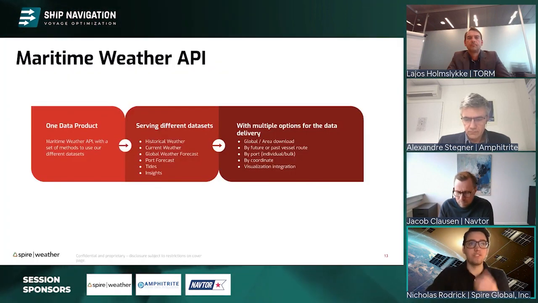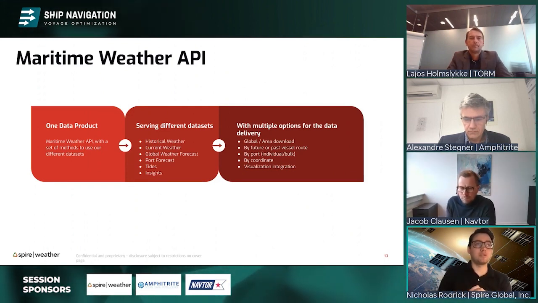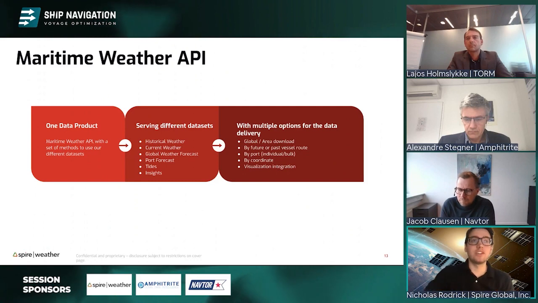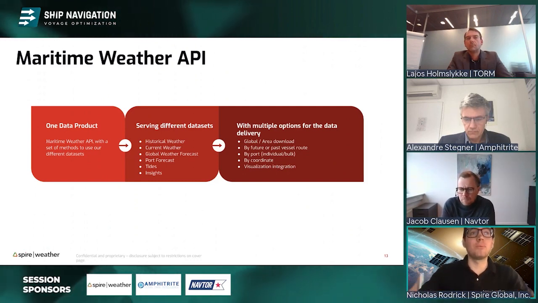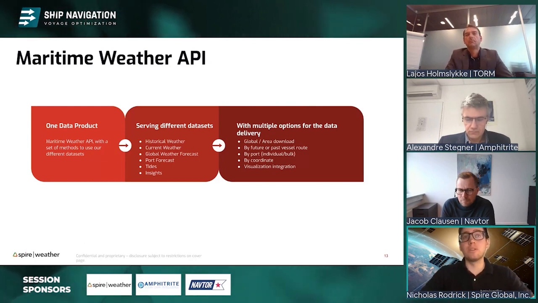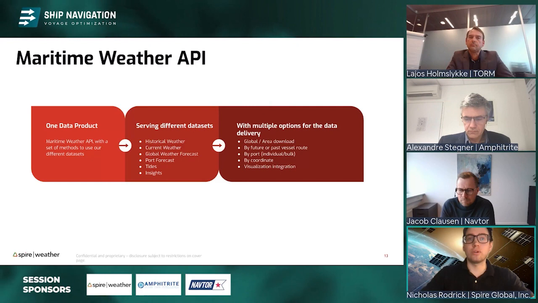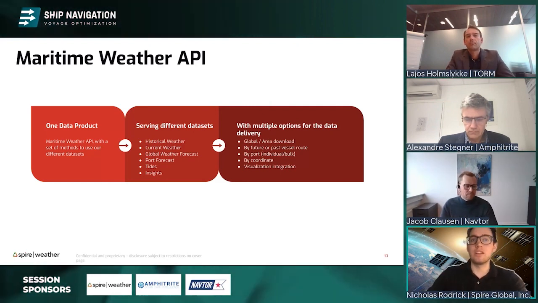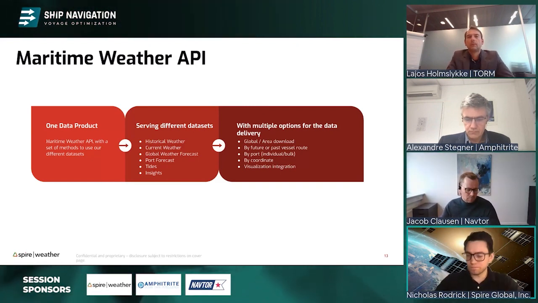We have a specific maritime weather API. It's just one API as a product serving different data sets. We have multiple data sets and products that you can get through this API with multiple options for data delivery, including JSON, GRIB2 data, and a few more.